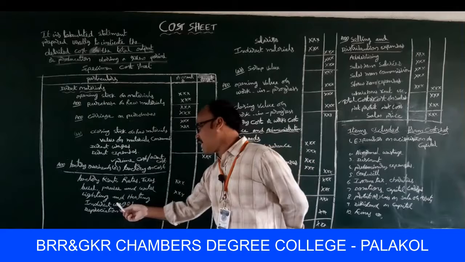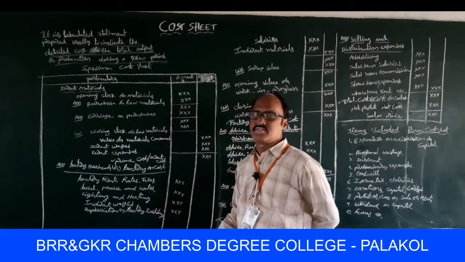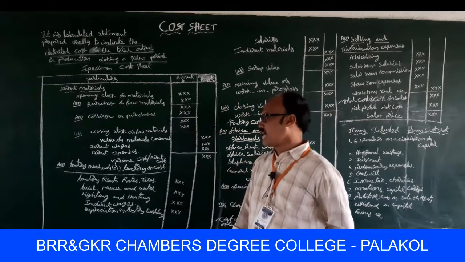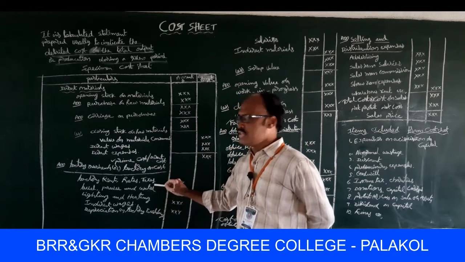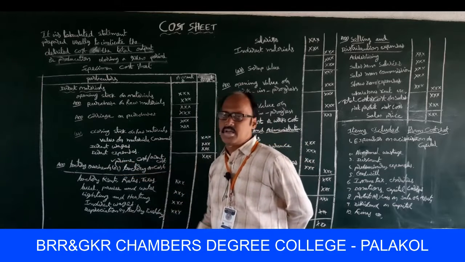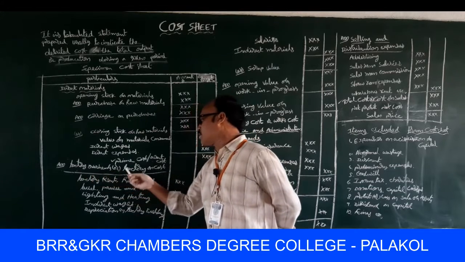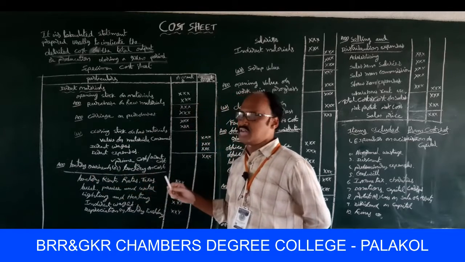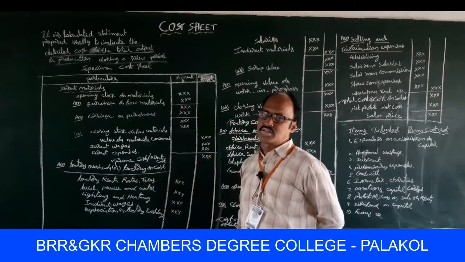Next one, indirect wages, depreciation on factory buildings, etc. Once again, these are all indirect expenses of the factory. That is called factory overheads, nothing but factory on cost.